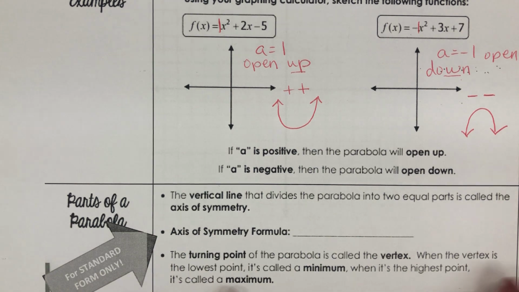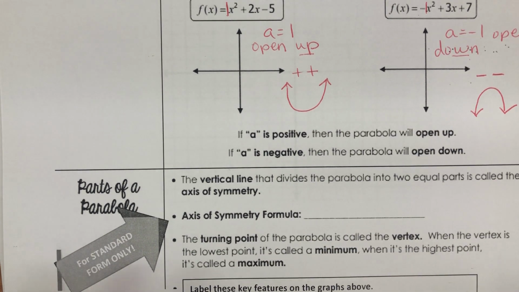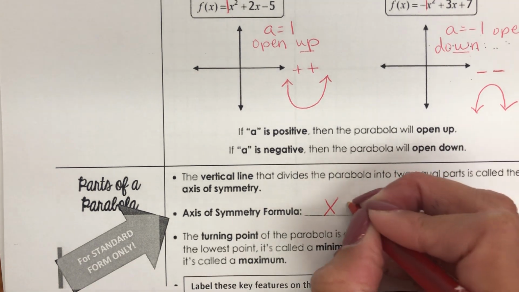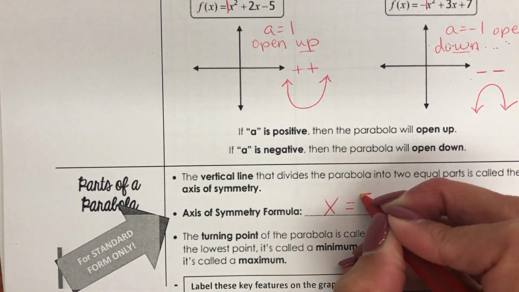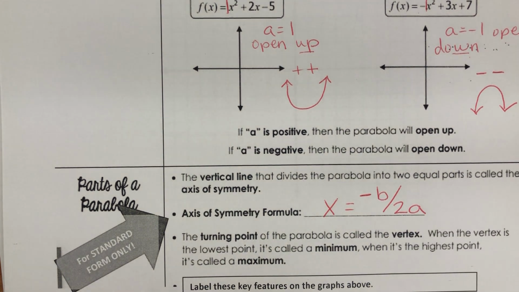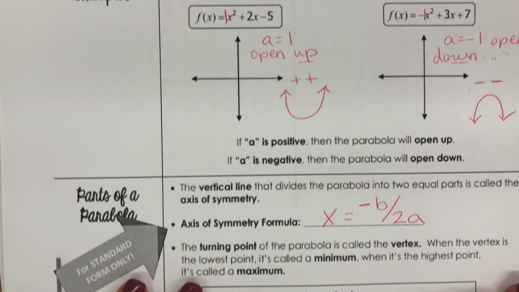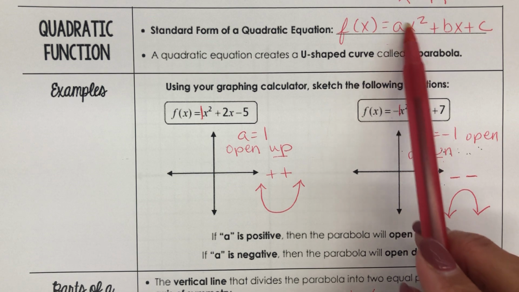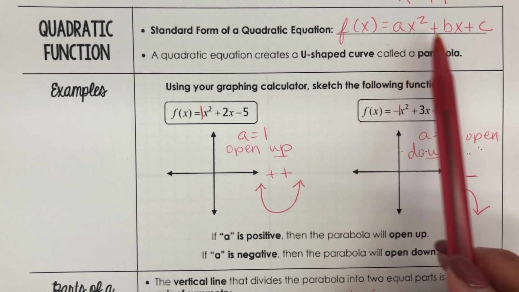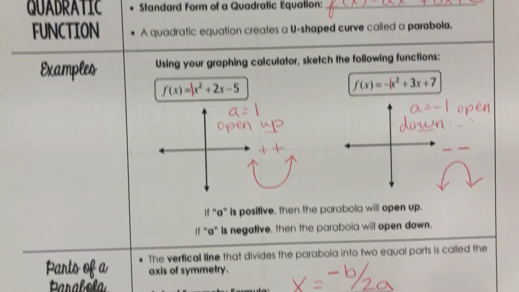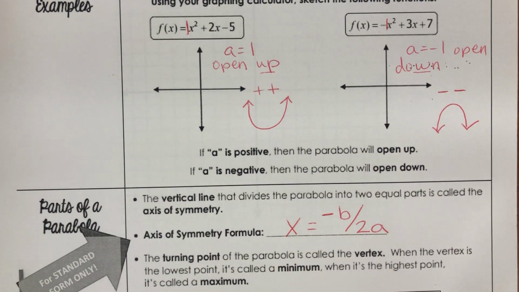For standard form down here, it's a little more complicated, but not anything we can't handle. It's x equals negative b over 2 times a. When I'm saying b and a, I'm getting those values from my standard form here. The a is the number in front of the x squared, and the b is the number in front of the x. This is my axis of symmetry.